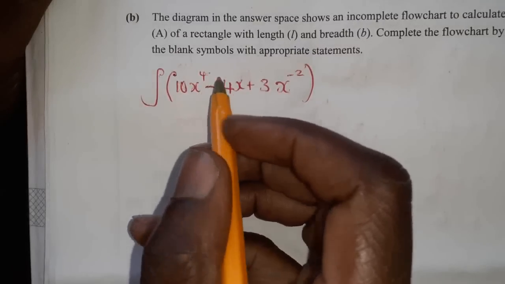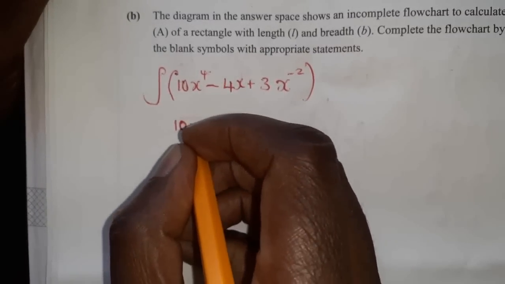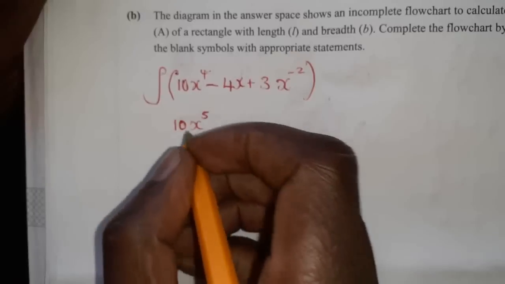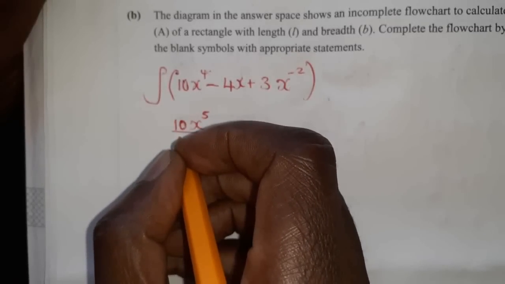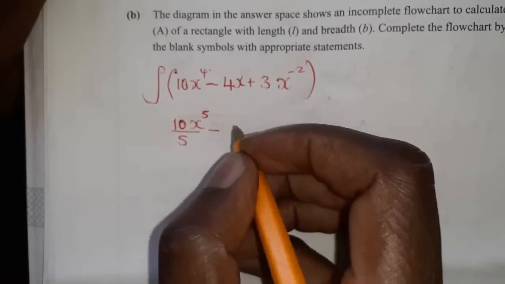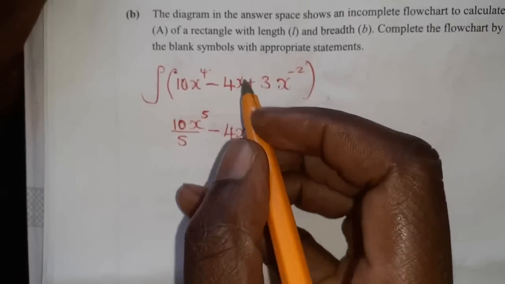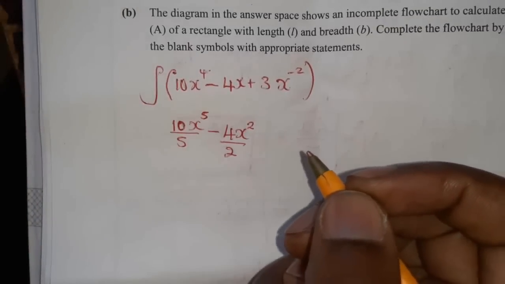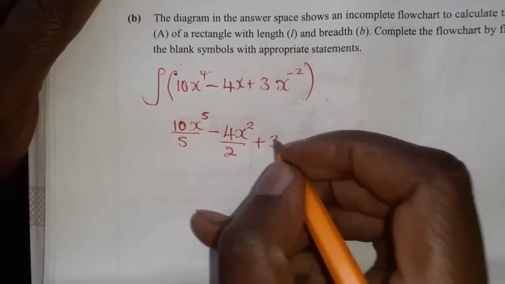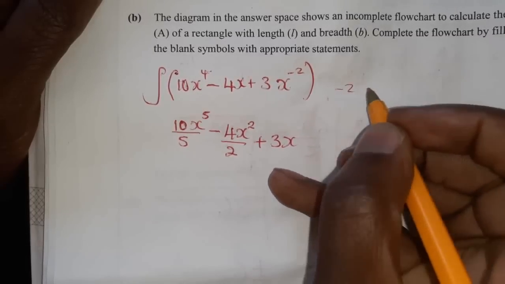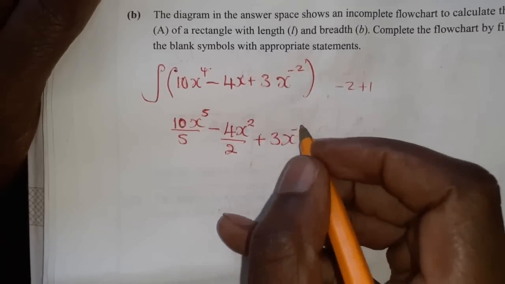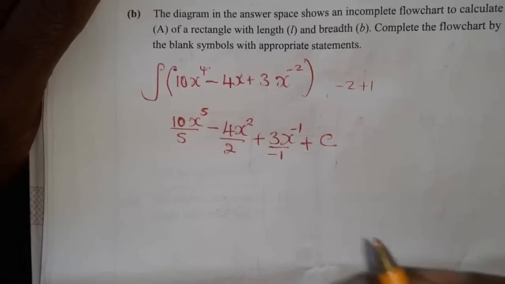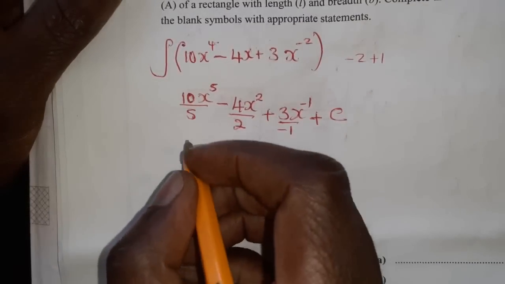How do we integrate? We say x, you add the 1 here. It will be what? 5. Again, this 5, you must divide it here. Minus 4. This is x to the power 1. When you add another 1, it will be to the power 2, and you divide by 2 here. Plus 3, x to the power negative 2. When you add the 1, what are you going to get? You get negative 1 here, over, you divide by negative 1. Plus, you add c, which is a constant. When you divide, what do you get?